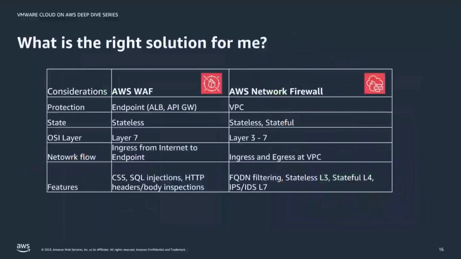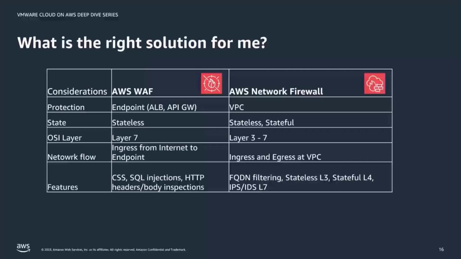Which out of those multiple solutions is right for me? Well, it depends on what exactly you are looking to accomplish. Here are just a couple things to consider when you are applying security configuration for your environment. You can see with AWS Network Firewall, we have inspection of all kinds of traffic. We are not limited only to the web. If you have a requirement to have a broad inspection of different types of traffic, that would be your answer.